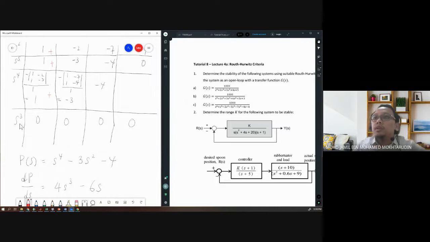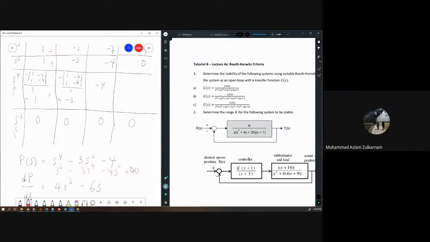So you need to look at the row above, which is S6. So you will start with S power of 6 minus 3S power 4 minus 4S squared plus 0, something like that. Okay, so kena tengok row mana yang kosong, dan tengok row atas dia, and then baru create new equation. Okay, faham saya. Alright.